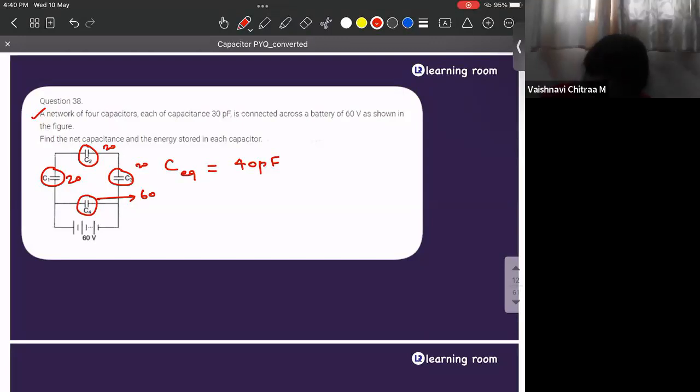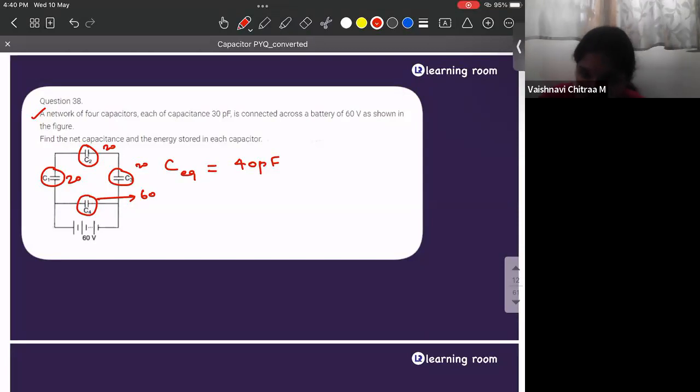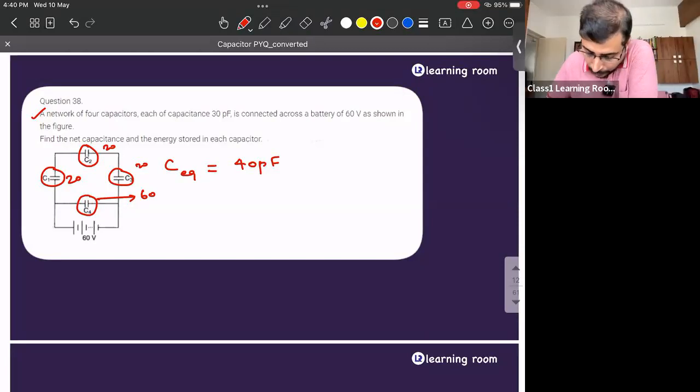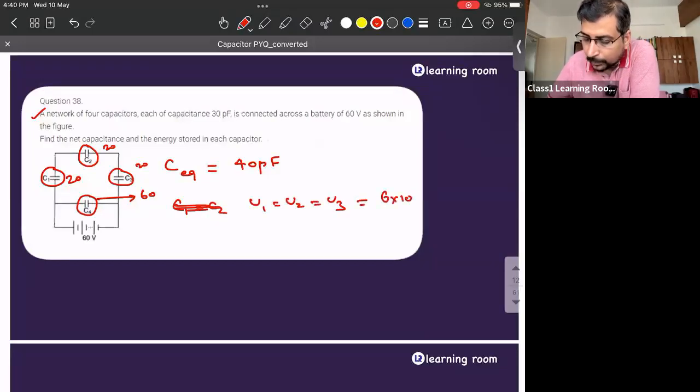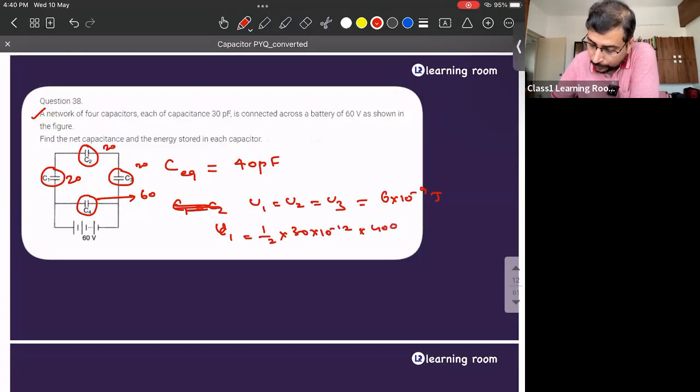So 6 into 10 power minus 9 joules for C1, C2, C3. So basically U1, U2, U3 is 6 into 10 power minus 9 joule. Is that right? So let me calculate and see. Half into 30 into 10 power minus 12 into V square, that is 400.